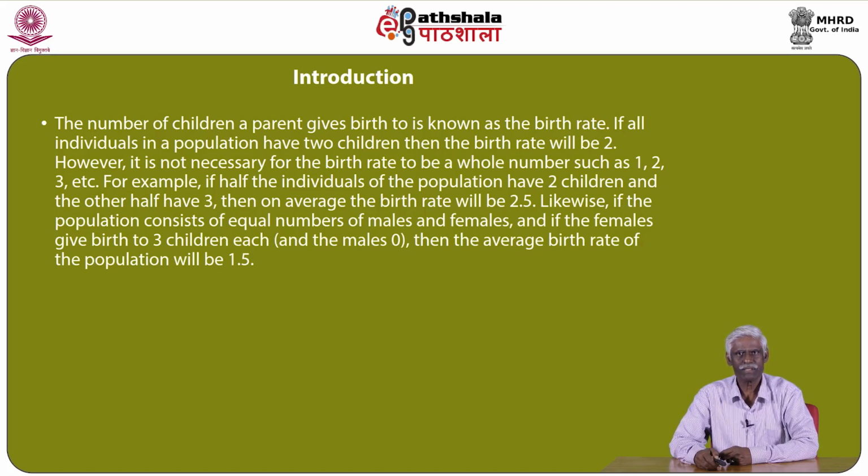However, it is not necessary for the birth rate to be a whole number such as 1, 2, 3, etc. For example, if half of the individuals of the population have 2 children and the other half have 3, then on an average the birth rate will be 2.5. Likewise, if the population consists of equal number of males and females, and if the females give birth to 3 children each and the males 0, then the average birth rate of the population will be 1.5.